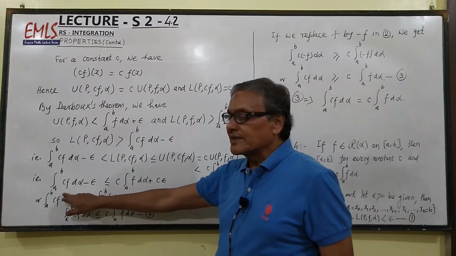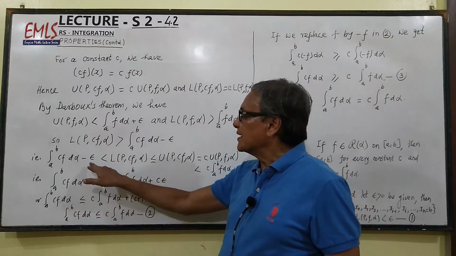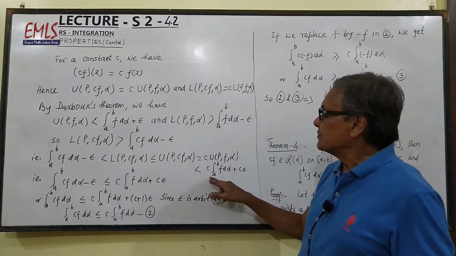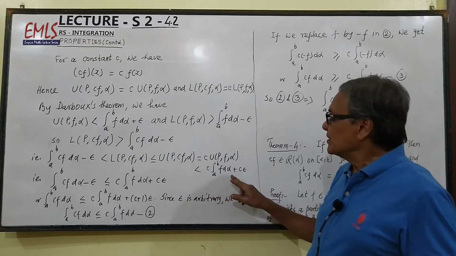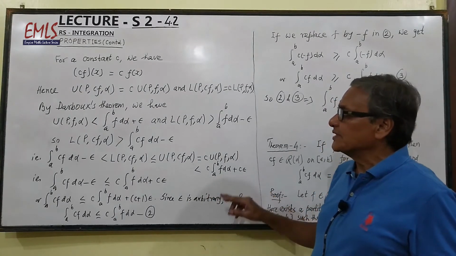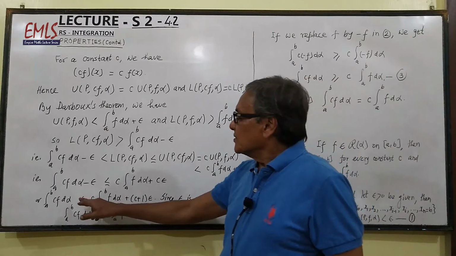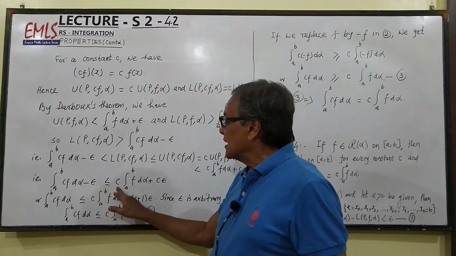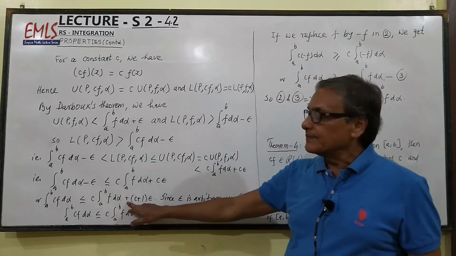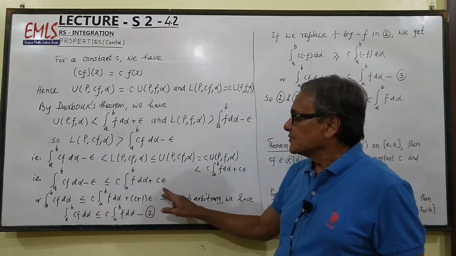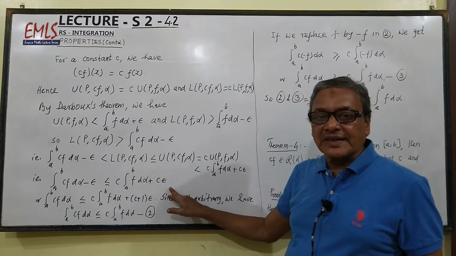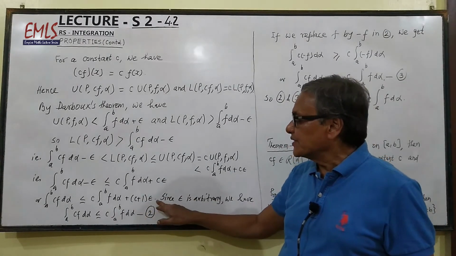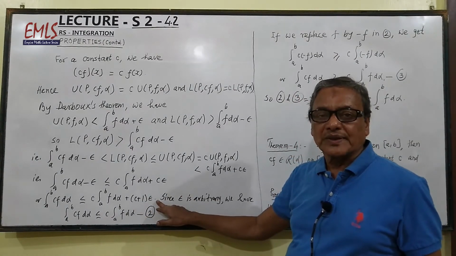So we can say that the integral from a to b of cf d alpha minus epsilon will be less than or equal to c times the integral from a to b of f d alpha plus c epsilon, or the integral from a to b of cf d alpha will be less than or equal to c times the integral from a to b of f d alpha plus, transferring it to the right-hand side, (c plus 1) epsilon, taking epsilon common.